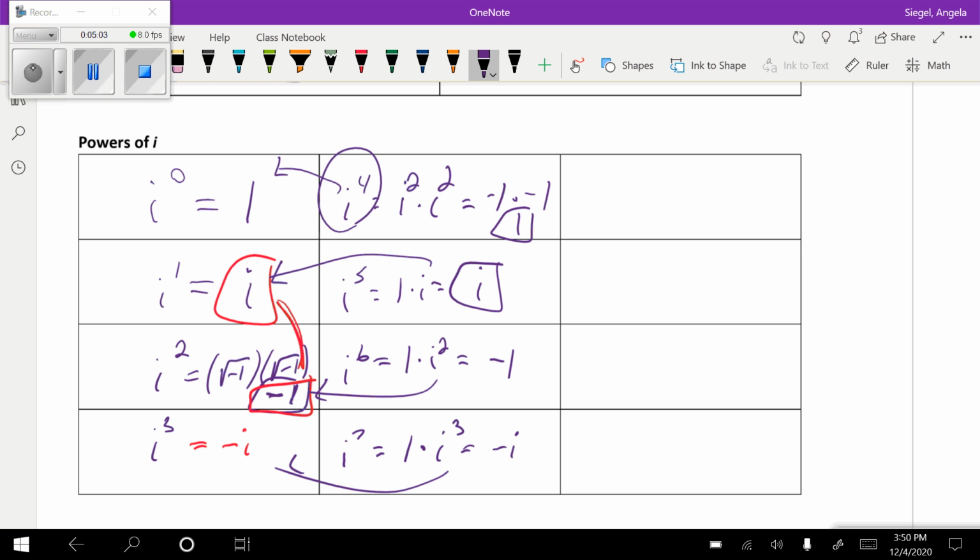Anytime I have a multiple of 4, my answer is always going to be 1. And then it goes on from there. i to the 9th is i, i to the 10th is -1, and i to the 11th is -i. Then if I kept going, i to the 12th is going to equal 1 again.